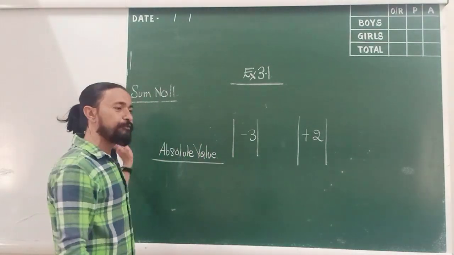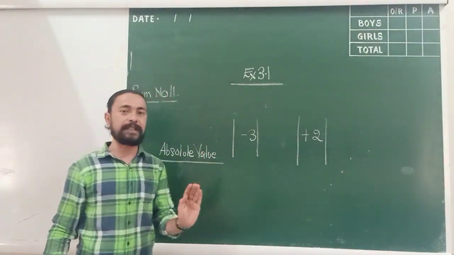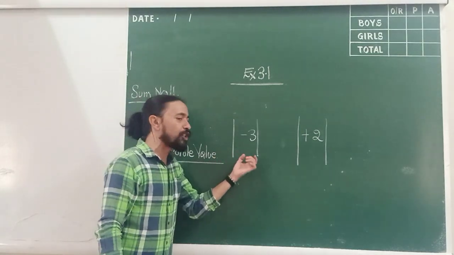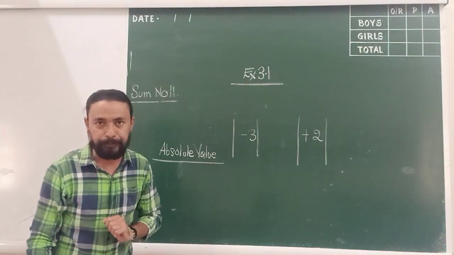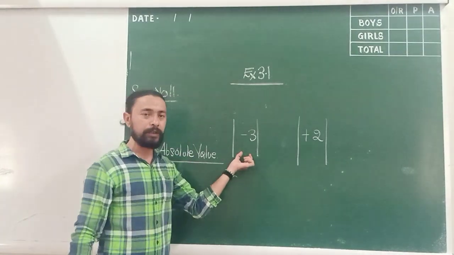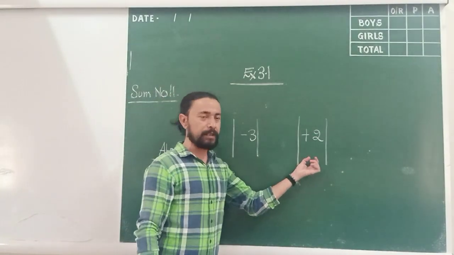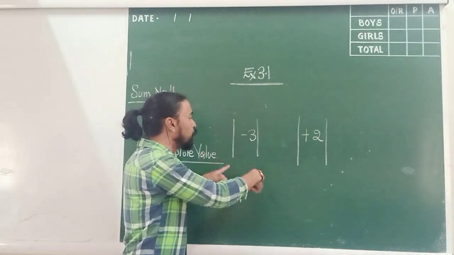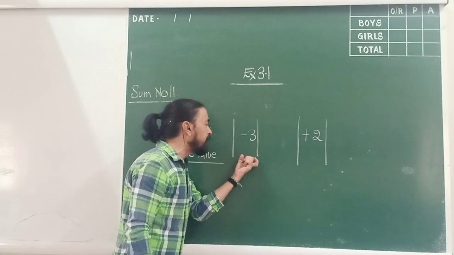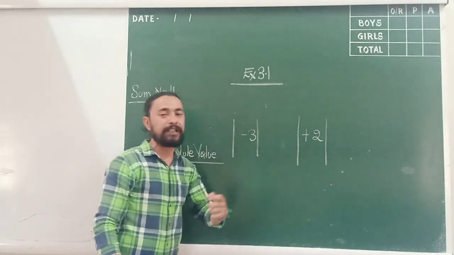Now whether left or right, we are still writing the number of places that an integer is away from the 0. So when you have a negative integer or a positive integer placed between two vertical lines, they are asking you actually to find out their absolute value.